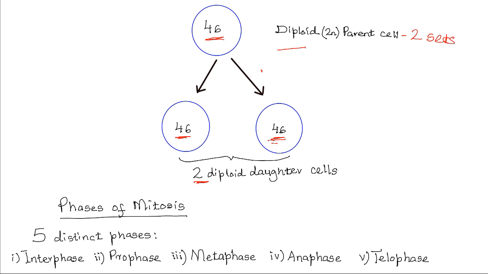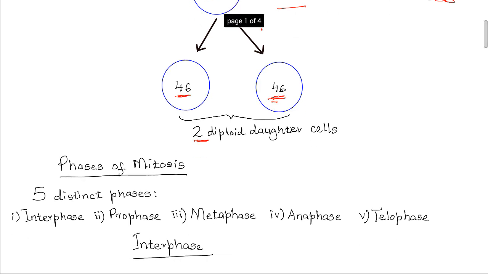Now, we look at the phases of the process of mitosis. There are 5 distinct phases, namely the interphase, prophase, metaphase, anaphase, and telophase.